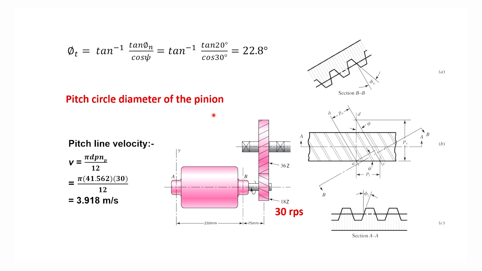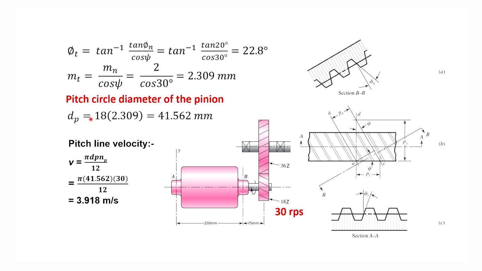Now, the pitch circle diameter of the pinion can be determined with the help of the module in the transverse direction. When we see the gear in the AA section, which is the transverse direction, then the module will be called the tangential module MT, and when it is viewed in the section BB, then the module is the normal module MN.